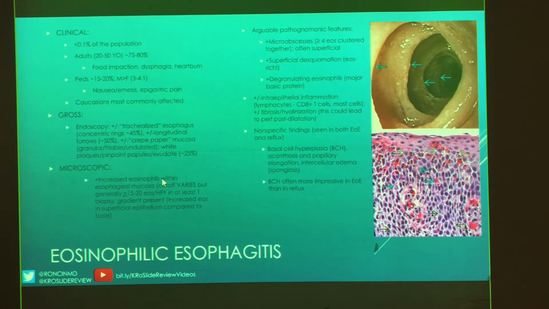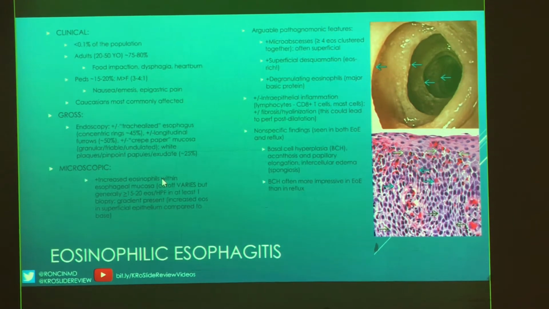If you have eosinophil-rich superficial desquamation, or eosinophils that are degranulating or losing that major basic protein. And remember, the major basic protein is involved with mast cells and histamine release and all that allergic stuff.